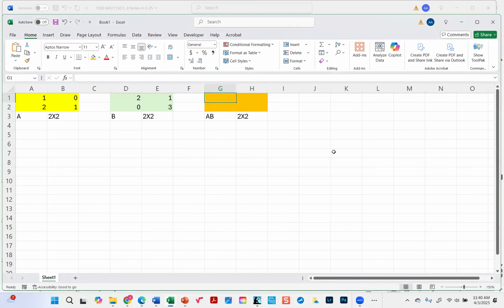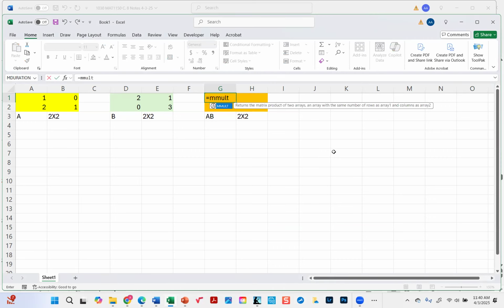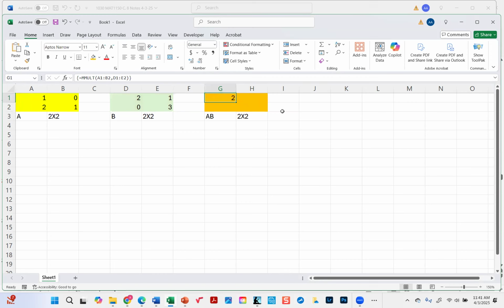So here's how you do this in Excel. The command is called MMULT, and it wants to know where the first and second matrices are. Now, here's the tricky part. Instead of hitting Enter like you normally do with Excel, you have to hit 3 keys at once. Uh-oh, now I goofed it up. Hold on. You have to select all the cells, which I obviously forgot to do.